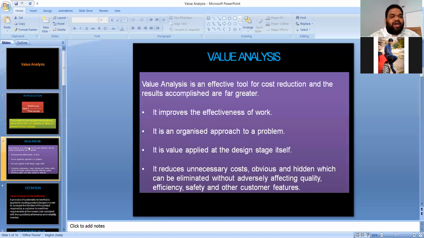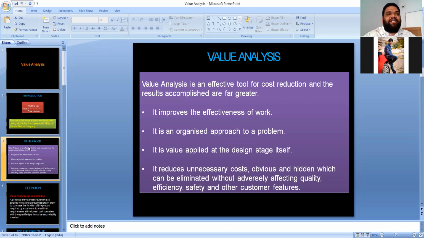What I want to tell here is that value analysis, from the organizational point of view, in innovation management and in these analytical methods, is studied because cost reduction is a very important concept. We have to keep the same resources, give the same quality product, and get the same amount of work from the employees using the same machinery.